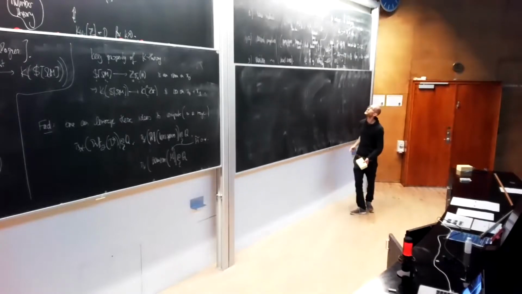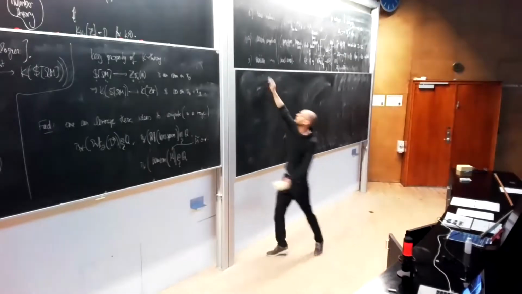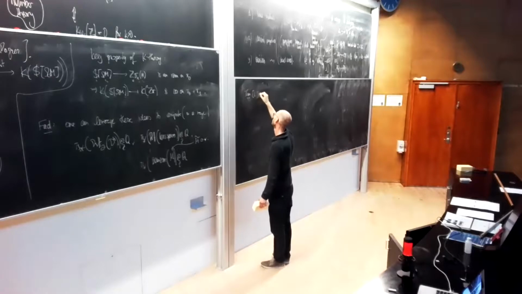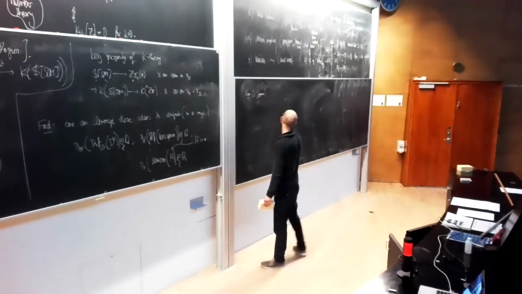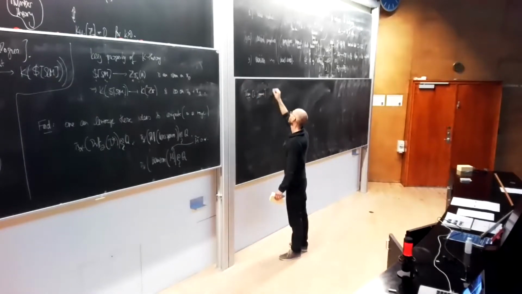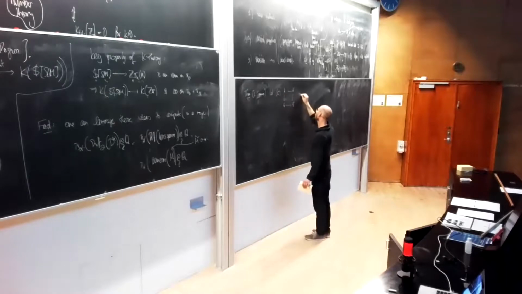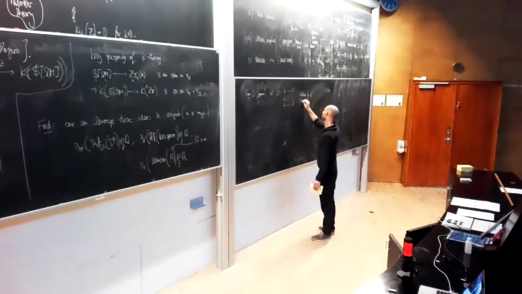Okay, so the general theorem one can prove in this direction is the following. We can generalize the situation a bit and first consider an arbitrary square of rings like that.